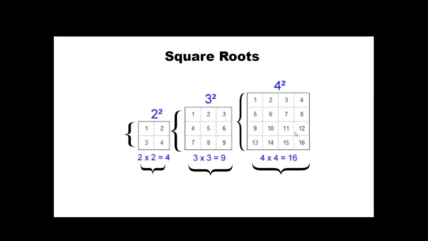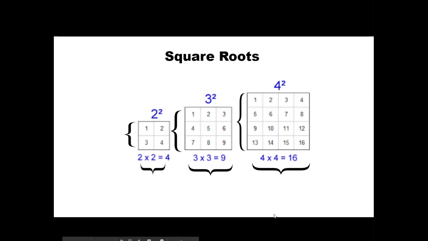If I want to know what the sides are of this square, because in a square the sides are equal length, then I would take the square root of 16 and get that the sides are 4. Each one of them is 4, and 4 squared gives you 16. So see how they're kind of flip-flopping back and forth? Squares are the inverse of square roots, and square roots are the inverse of squares. So there are just inverse functions that you can go back and forth between.